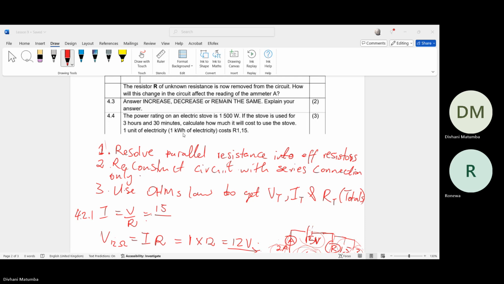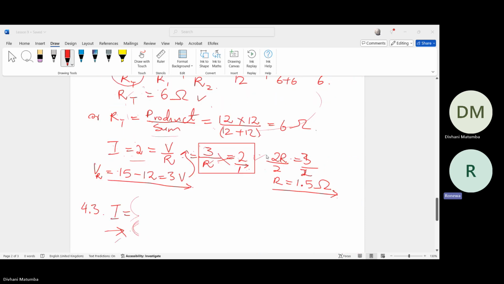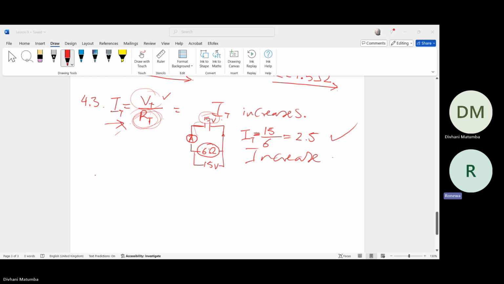Okay, so I was going to say the power is 1.5, and I say 1.5 multiplied by 3.5.